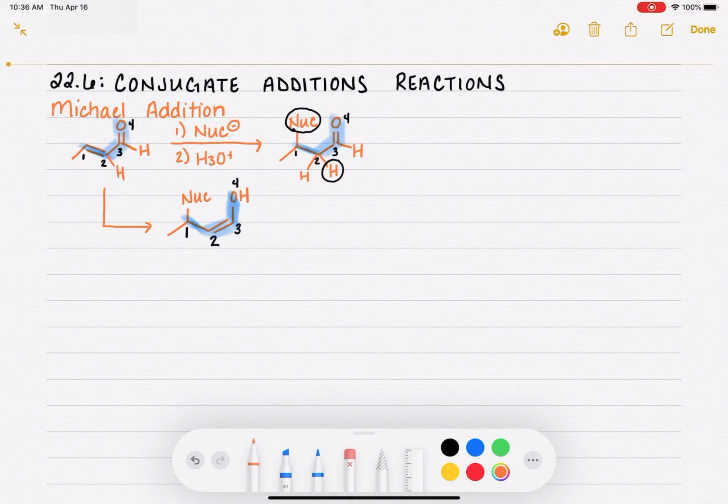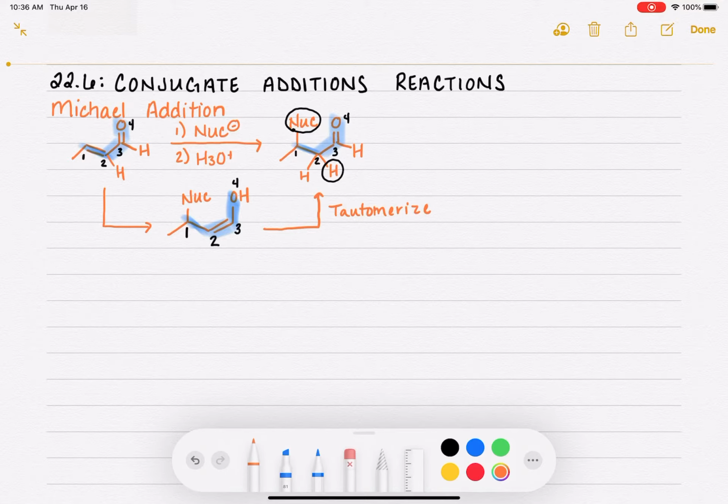And then that intermediate tautomerizes itself. Which just means, remember, that we move the carbon-carbon double bond up to become a carbon-oxygen double bond. A hydrogen gets shifted, in this case, from oxygen 4 down to carbon number 2. And the motivation behind that is just stability. The carbon-oxygen double bond is more stable than the carbon-carbon double bond.